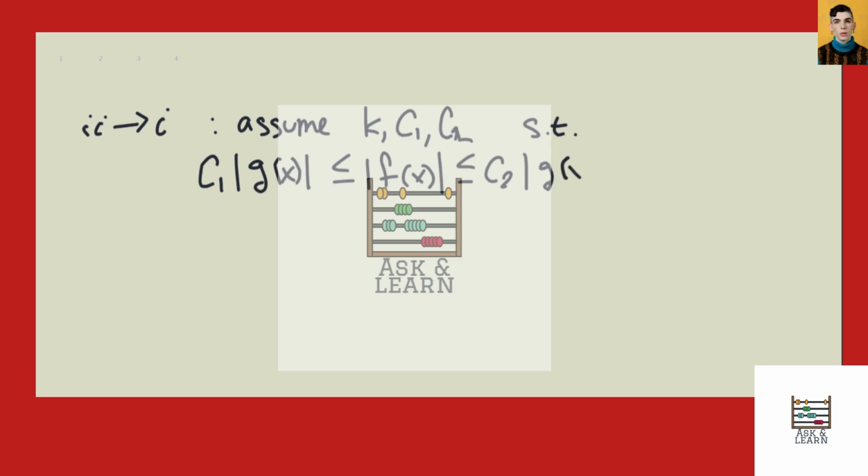And now we want to prove that f of x is big theta of g of x. Of course, this is going to be when x is greater than k.